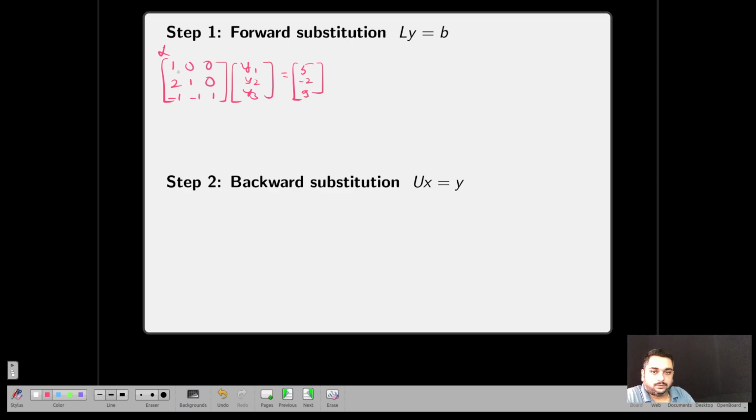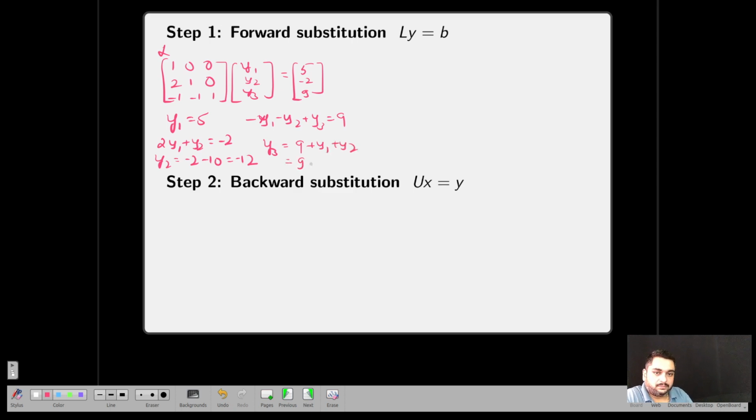Now you find the solution. So y1 will be 5. Then 2y1 plus y2 is equal to -2, so y2 will be -2 minus 10, that is -12. Then the last equation is minus y1 minus y2 plus y3 equal to 9, so y3 will be 9 plus y1 plus y2.